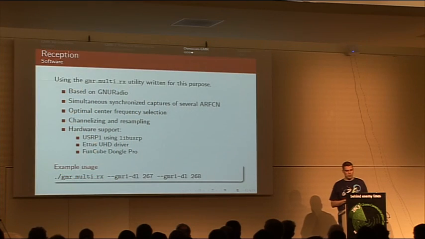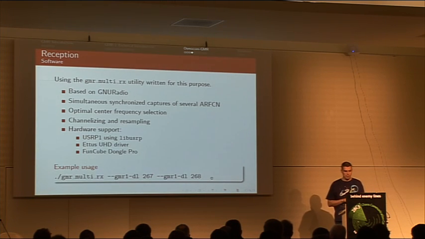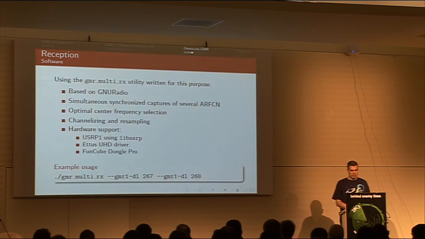All you have to do is compile it for the hardware you want, then give it the frequency you want to listen to, and it will figure out everything else itself, and you will end up with a .cfile that you can feed to the next step of the process.